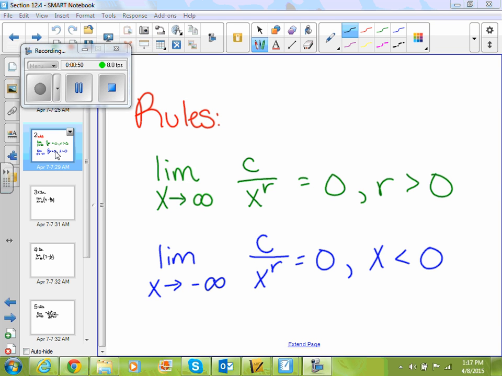Right, and so your first rule for limits at infinity is that the limit as x approaches positive infinity of any constant divided by x to some exponent is equal to 0 as long as your exponent is positive.